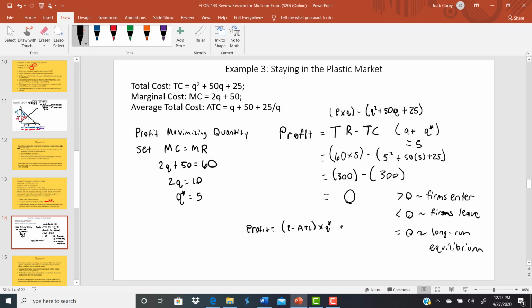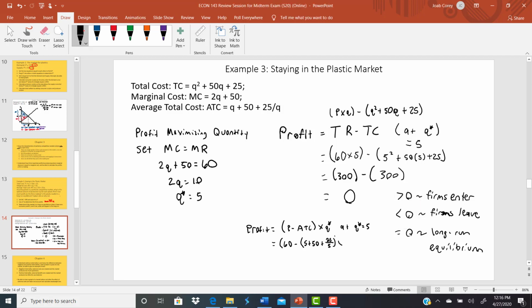And again, this is going to be at Q star is equal to 5, right? So again, we know that we have a price of 60 minus, and then we can plug that 5 into our average total cost equation. So that's 5 plus 50 plus 25 over 5.